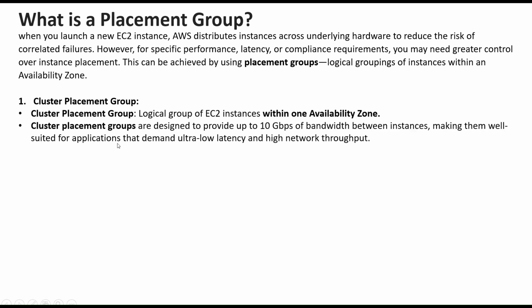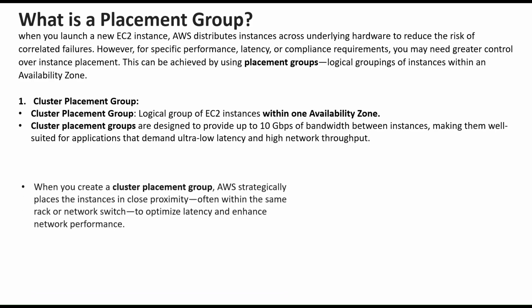So the cluster placement groups are designed to provide up to 10 GB of bandwidth between instances, making them well suited for applications that demand ultra low latency and high network throughput.